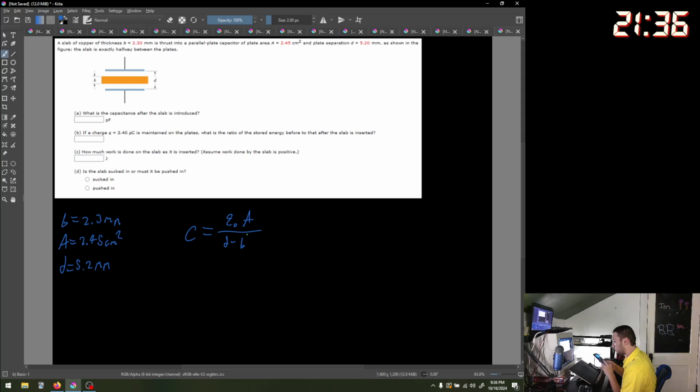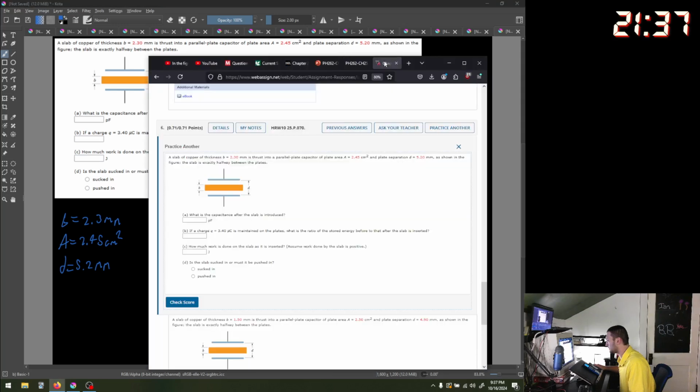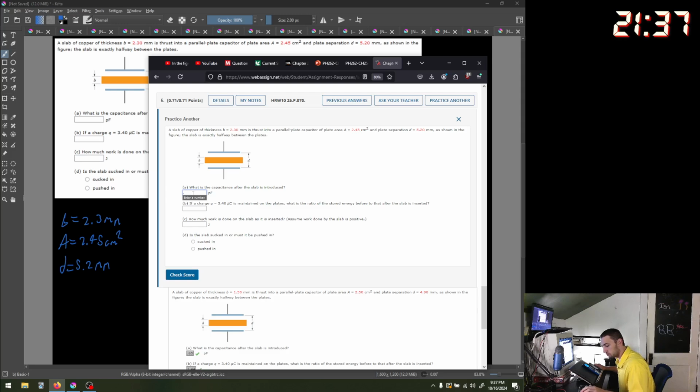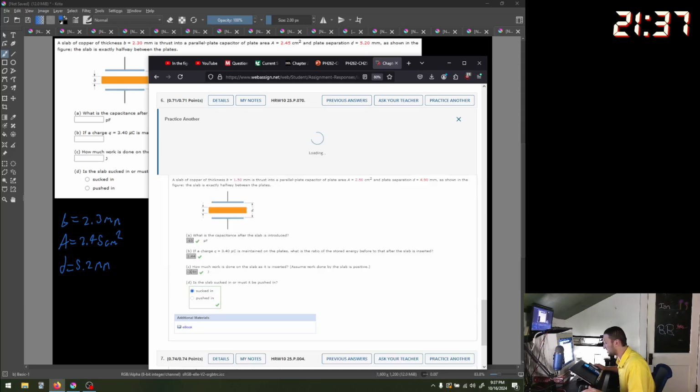And then it's going to be 2.3 millimeter to meter times 10 to the 4th, or would be 5.2 minus 2.3 times 10 to the 4th. Okay. 0.74, please.